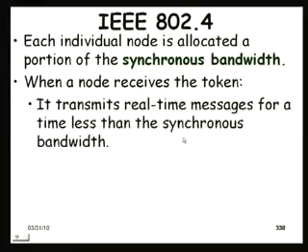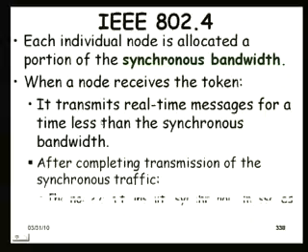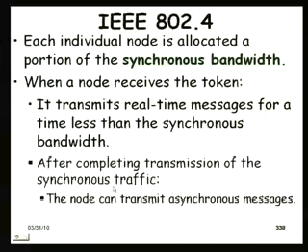When a node receives a token, it transmits real time messages, and if it finds that there is free time after transmitting the synchronous bandwidth, it starts transmitting the asynchronous messages.